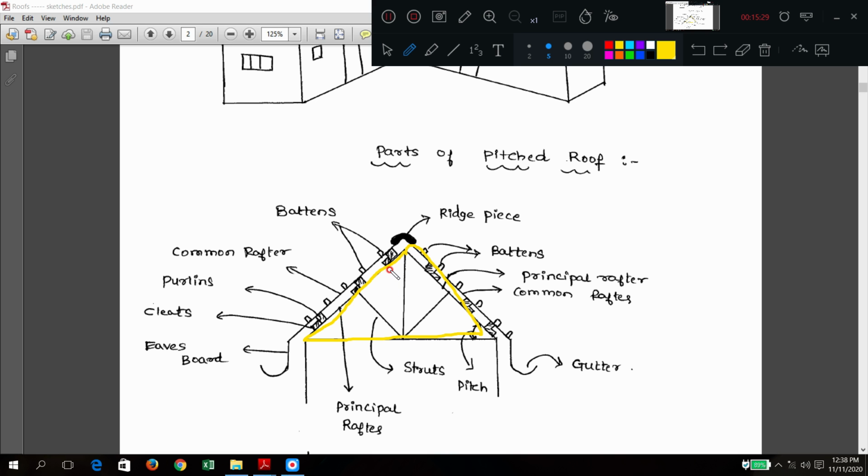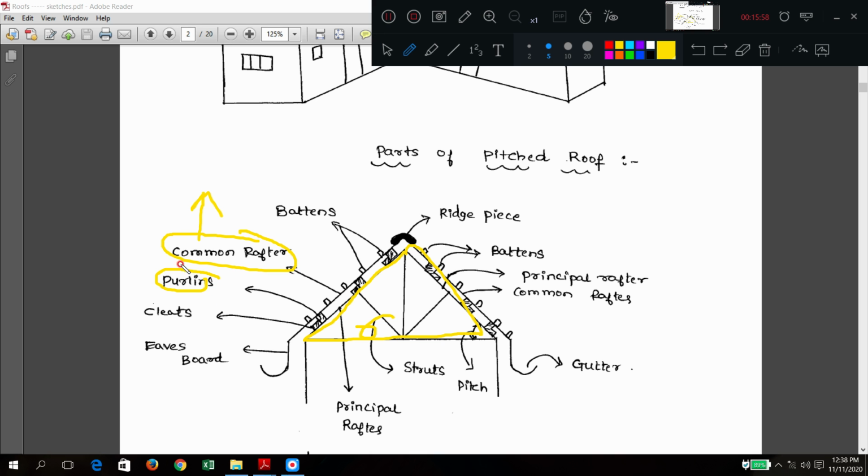See here. Now the next classification depends upon three things. First, what we have seen, what are the major elements? Common rafter, purlin, very important, and truss. There will be classification. If the total roof has only common rafters, that is one classification.